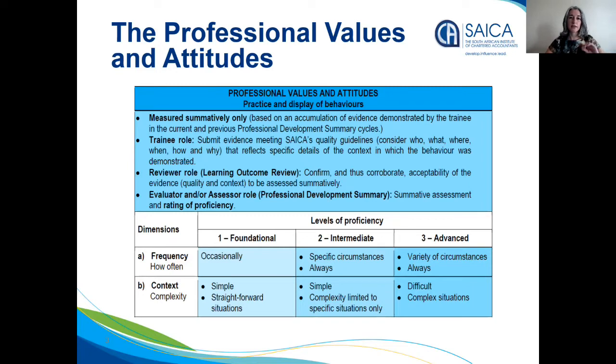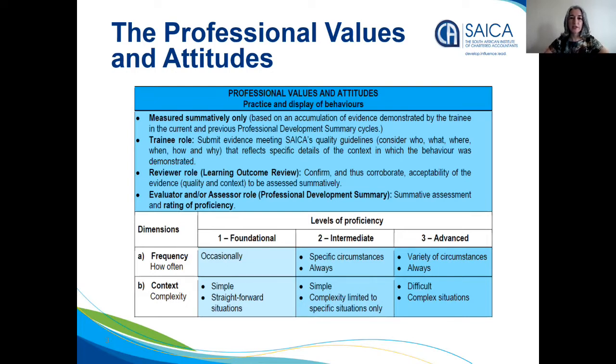And also that it meets the details of the context in which the behavior was demonstrated, so that the evaluator and the assessor can determine how complex that scenario was that the trainee faced. The evaluator and the assessor's turn is at a summative assessment level, and they need to actually rate the trainee's proficiency. So let's have a look at the dimensions in a little bit more detail.